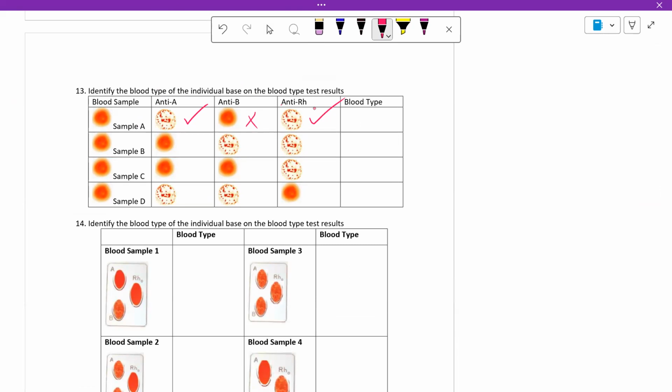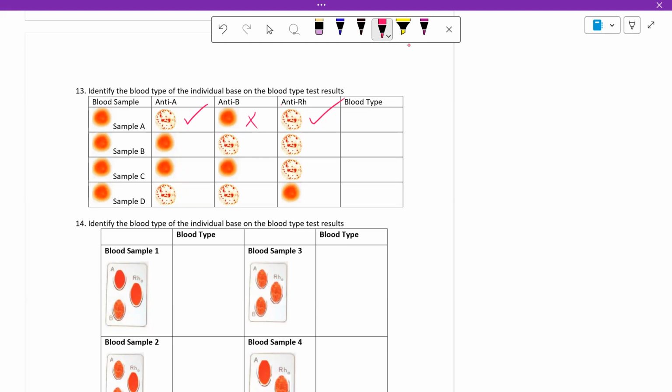Sure. So anti-A means it would be B. It will be B. No, again, you're thinking what kind of blood type makes anti-A.